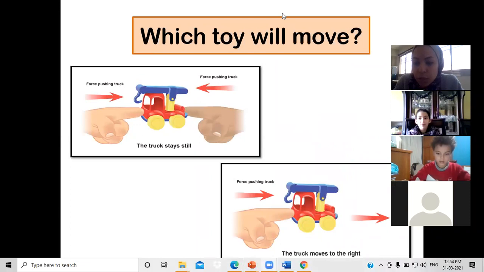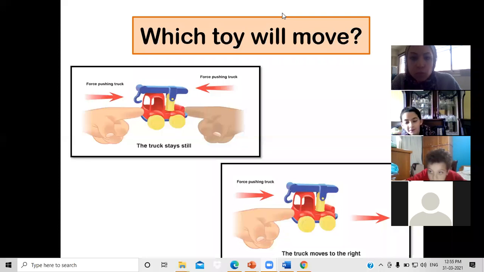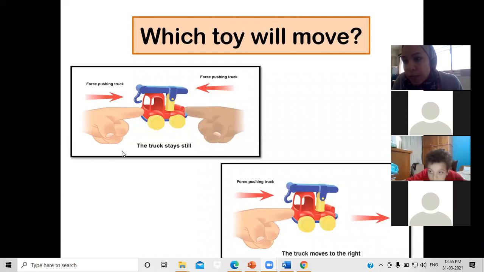Who can tell me which type of those two forces is the one causing a movement? Raise your hand if you know the answer. Is it the balanced force or the unbalanced force? Which one of them will cause the toy, or if we're playing tug of war, will cause a movement?